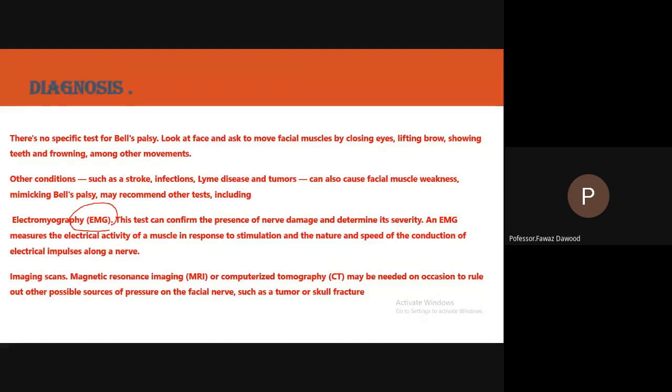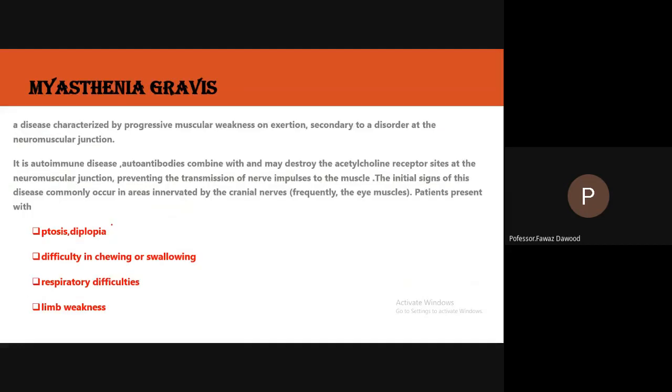We need other investigations, starting from evaluation of the salivary gland, in which the facial nerve is affected, up to the brain, and this can be done by CT and MRI. So it could be a serious condition. Many of the patients attending to us are complaining of facial palsy, and we have to fully investigate it.